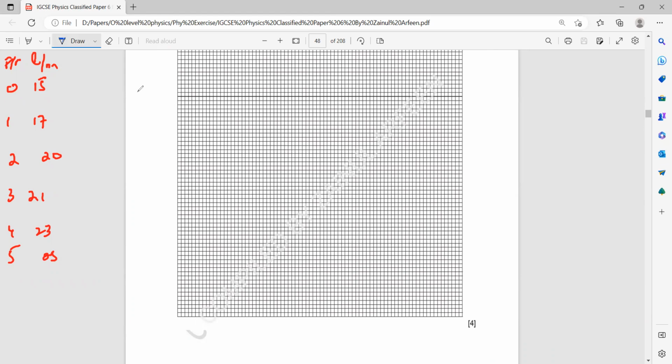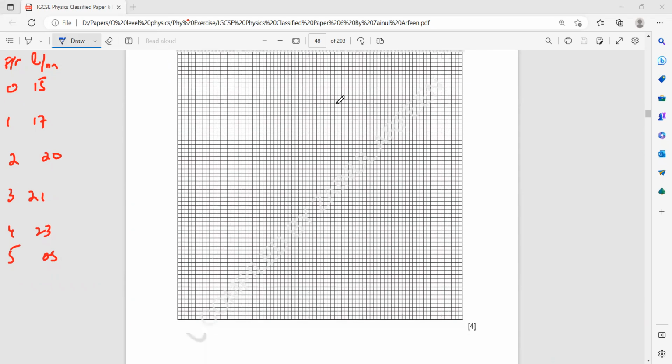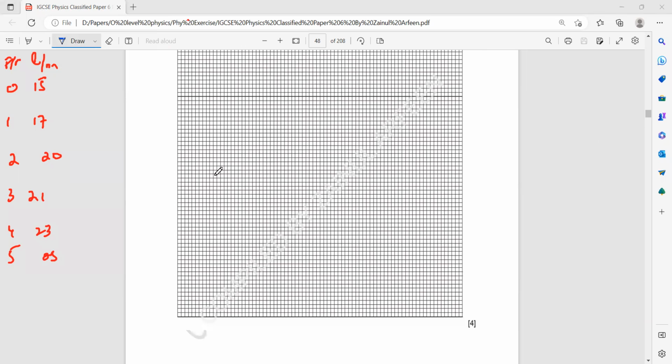They did not mention that you should start from the origin in the question. So you can start with any number other than 0. For example, the first value I took as 10.